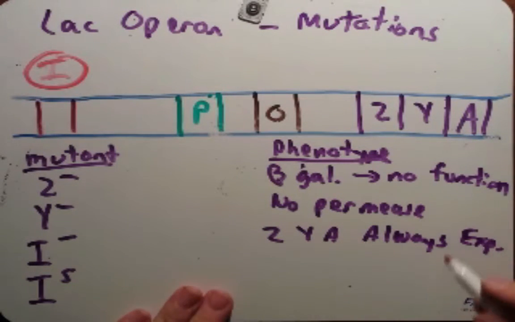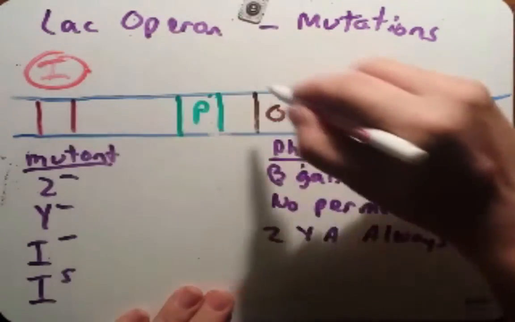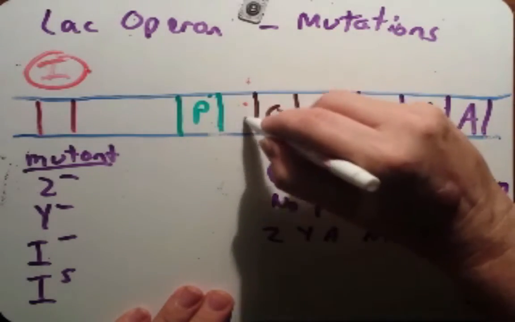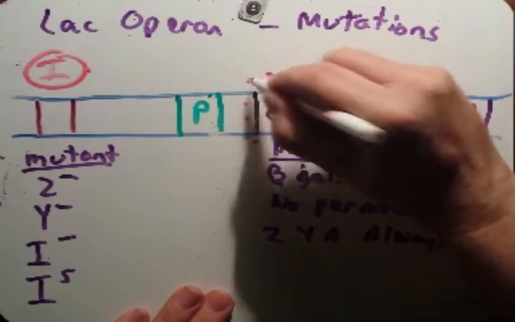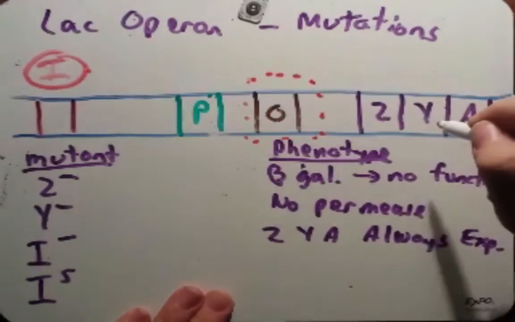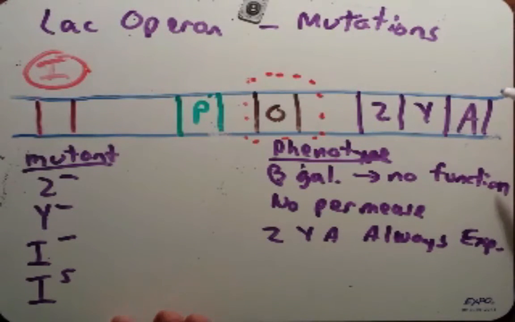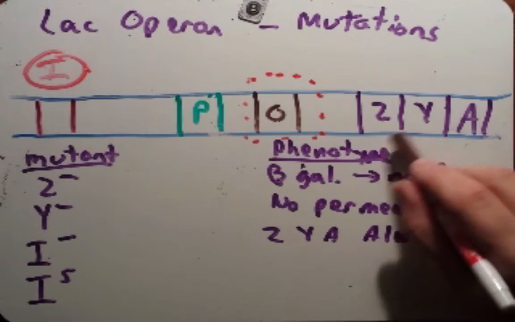This result suggested that the inhibitor was no longer able to bind to the operator, because remember, when it bound to the operator here, it would block RNA polymerase from transcribing these genes, particularly in the absence of lactose. But now when you make this I minus mutation, even when no lactose is present, you're turning these genes on.